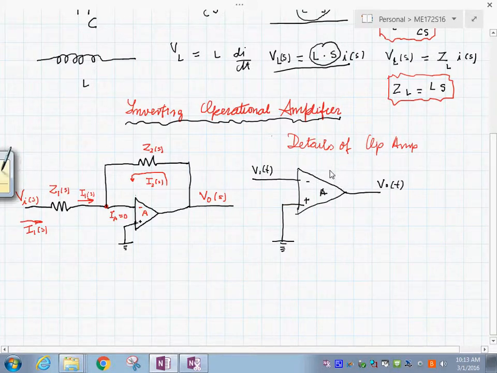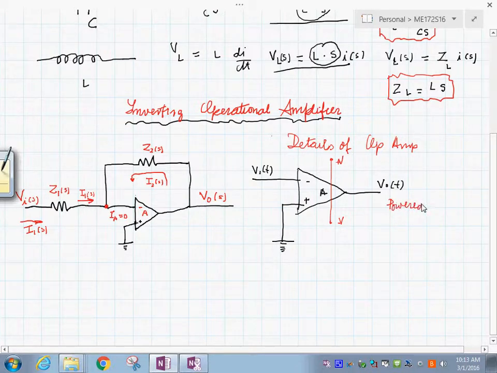Okay. And what does it do? Let's just look at 4 characteristics of this. Number 1, the input voltage that we have in here is like V sub 1, and this is V sub 2 here.